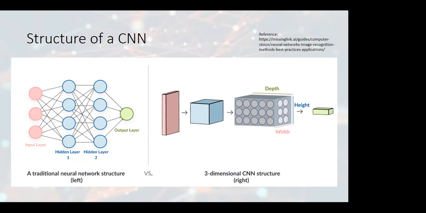Also, ANNs are not specifically designed to tackle image data. As we have seen last time, we always begin by flattening the images and feeding them to the ANN model.